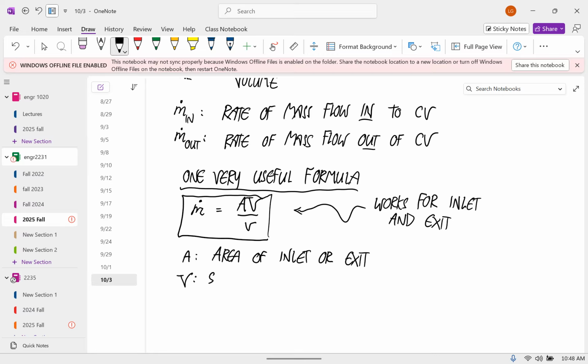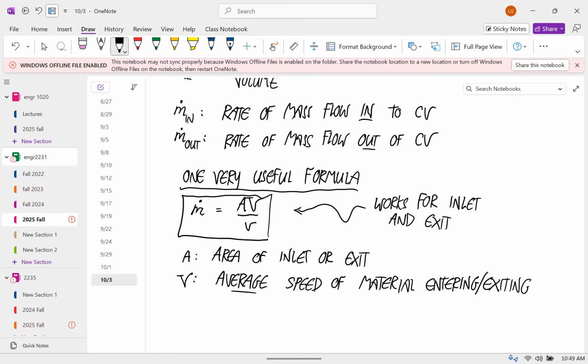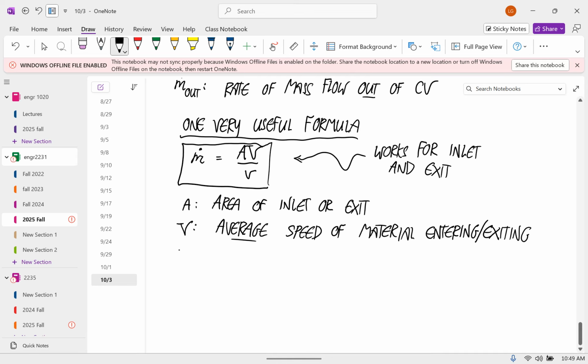V is the speed of the material. Actually, let me make this clear: this is the average speed of material entering or exiting. And little v is the specific volume.